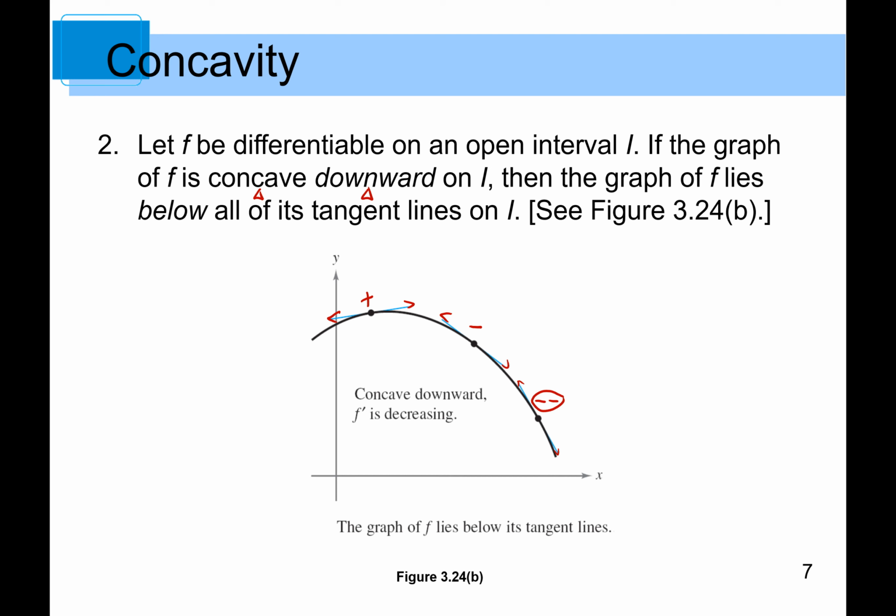So you see the slope of the tangent line is decreasing. The observation is consistent with the trend of the slope.